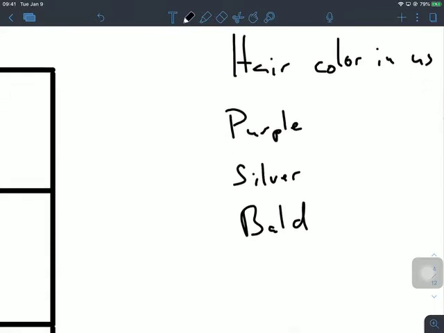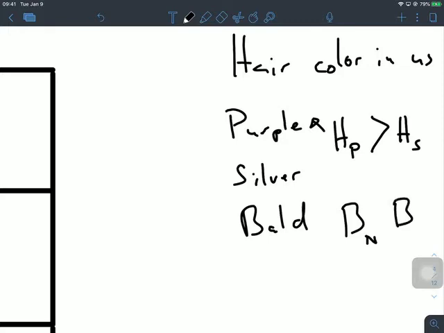Now, in terms of these 2 loci, you have the hair color locus that can be either purple, which is dominant to silver, and then you have the bald locus, where you either are not bald, making color, or you are bald, meaning that you make no hair.